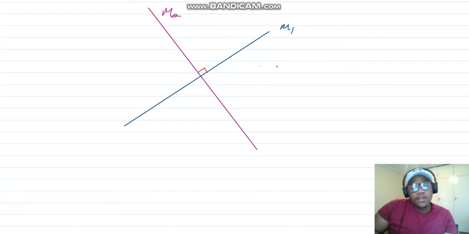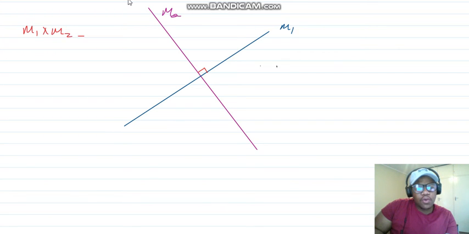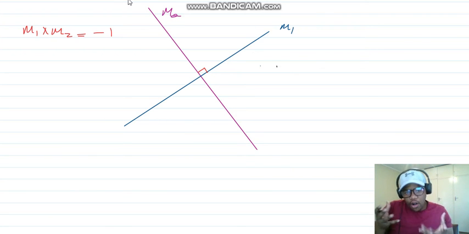So when you consider the product, M1 times M2, you will always get -1. The product of the gradients of lines that are perpendicular is always equal to -1.